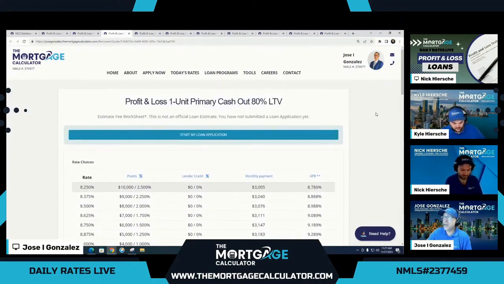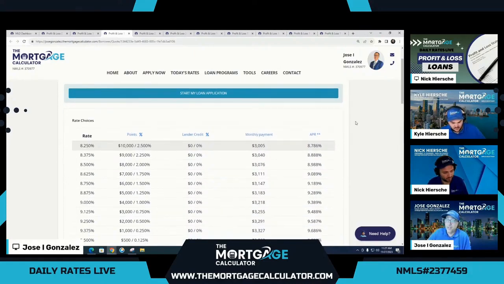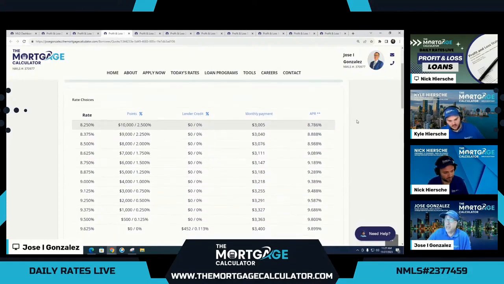Now our 1 unit primary cash out, 80%. The P&L program is a little bit higher risk, I assume, because the max LTV is lower, at least on the cash out, than it is on our other alt doc options. Here, 80% is the max LTV, and 9.625 is our lowest cost option.